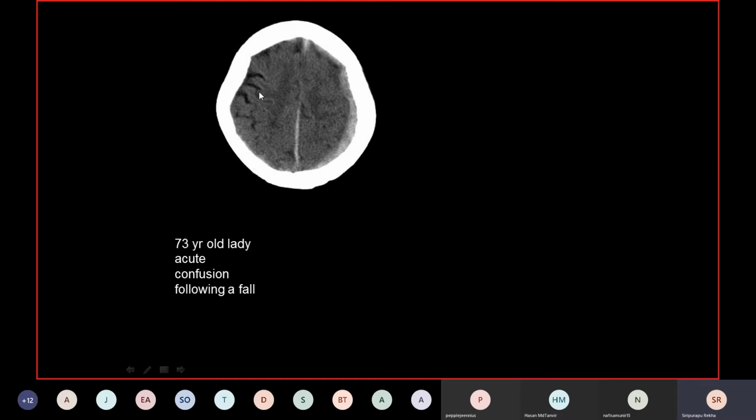This is what I meant by looking at the sulci. Normally you see the sulci going all the way out to the calvarium. There should be a sulcus there, there should be a sulcus there, it's stopping just short. In an acute hematoma, you don't really need to do this, but this is just to illustrate how you can trace an isodense hematoma.